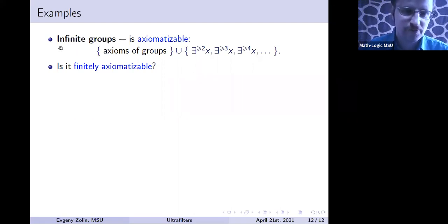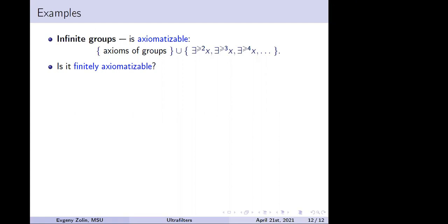What is the complement of the class of infinite groups? What are the structures that belong to the complement of this class? Well, it's finite groups and something else. Yes.